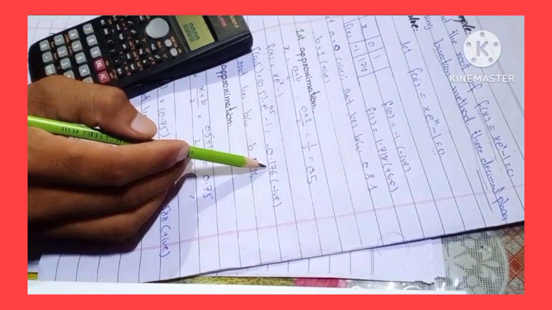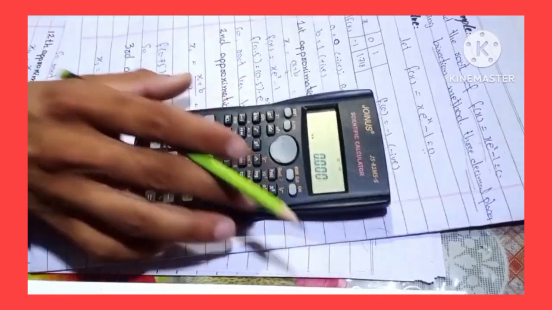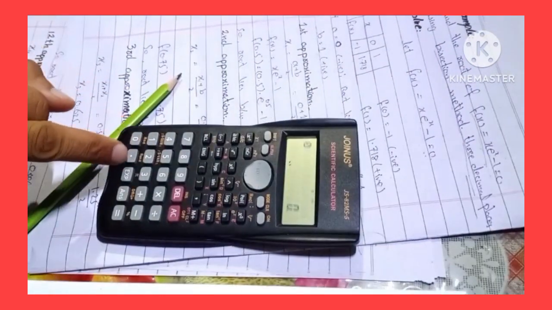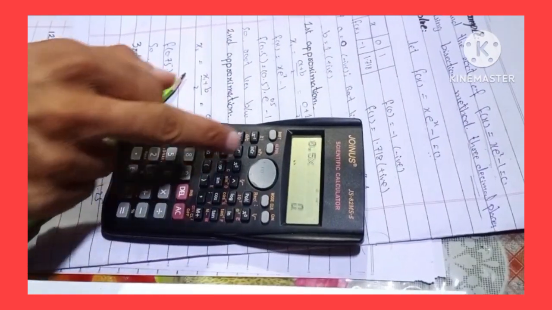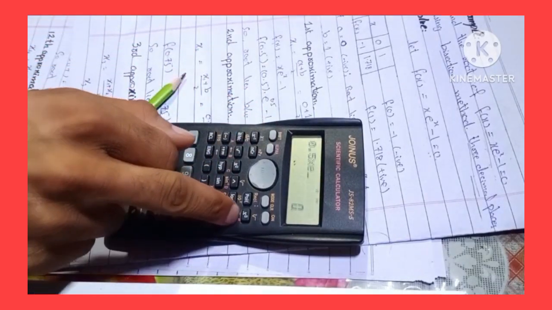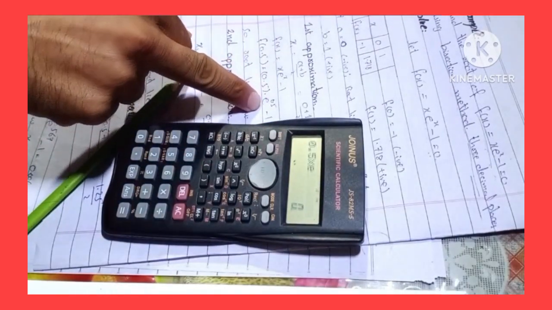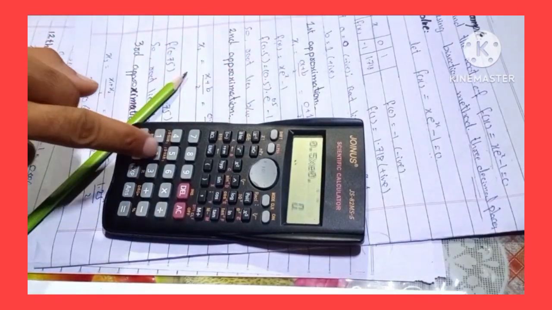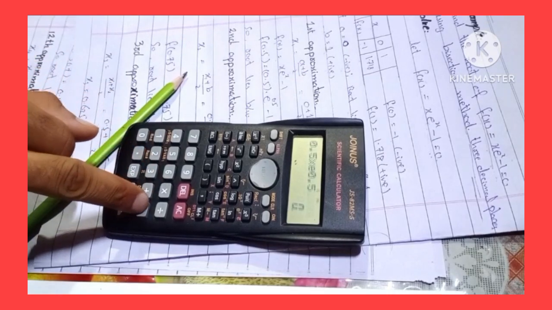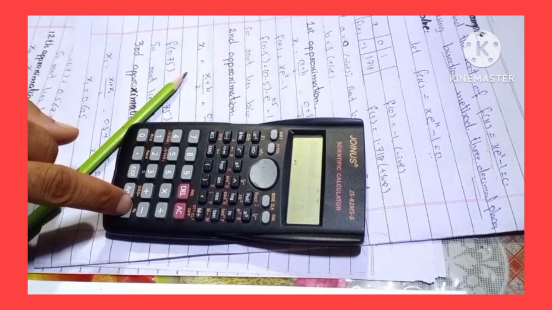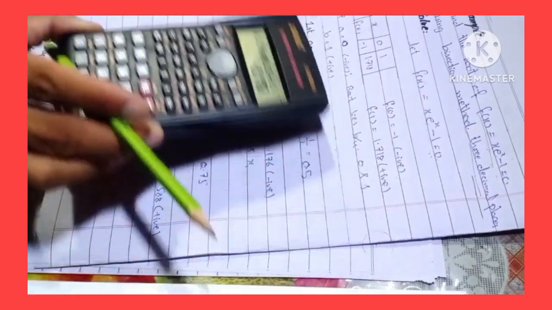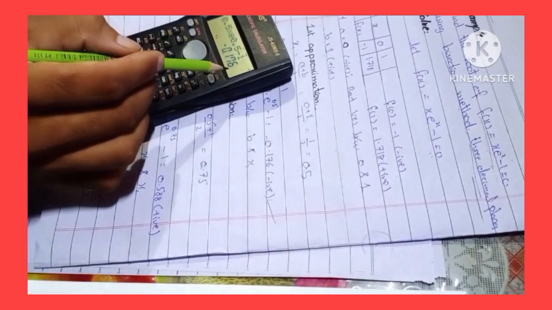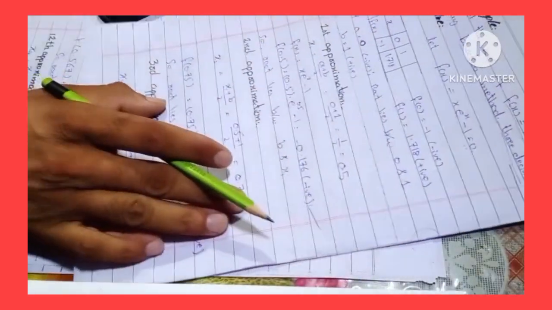On the calculator, 0.5 multiply, press shift, natural log, e to the power x, and its power is x, the value of x is 0.5, minus 1 is equal to, and its answer is negative 0.176. This is found using the calculator.